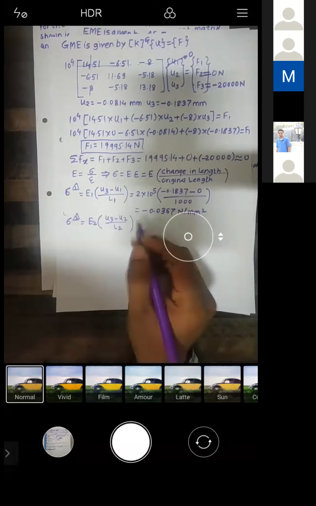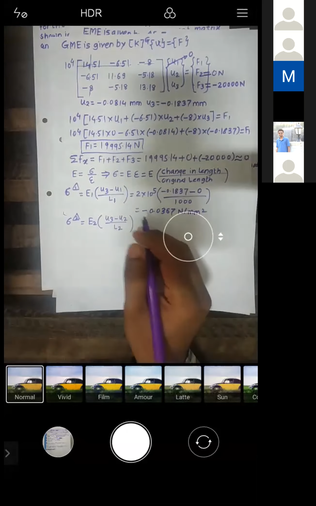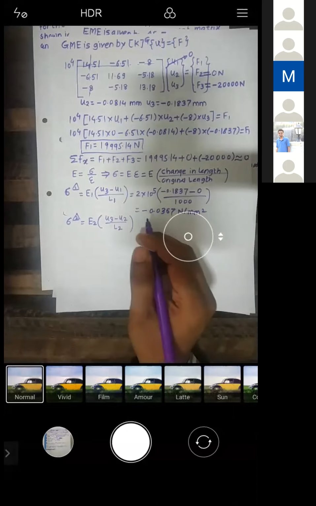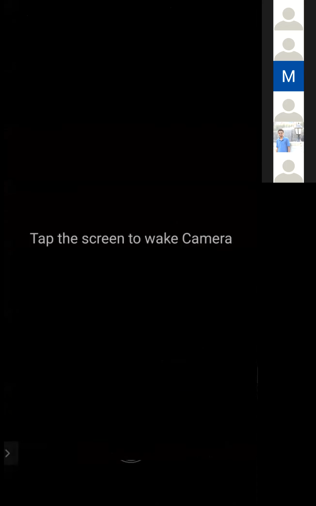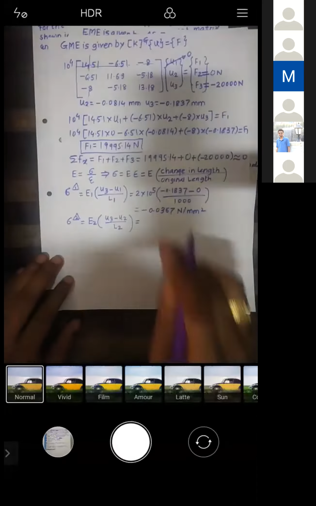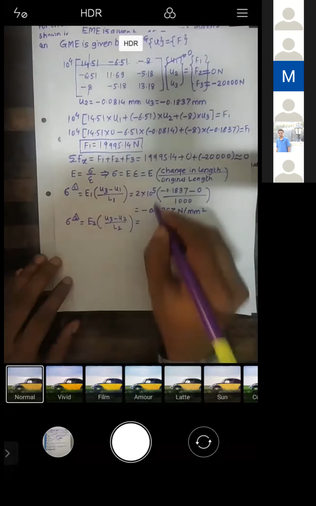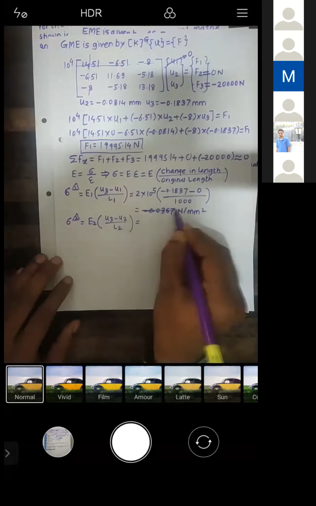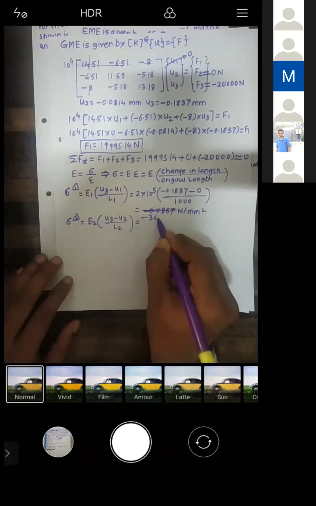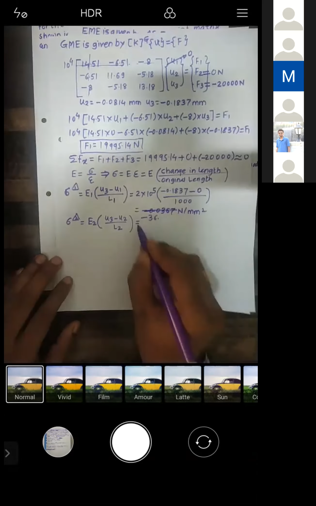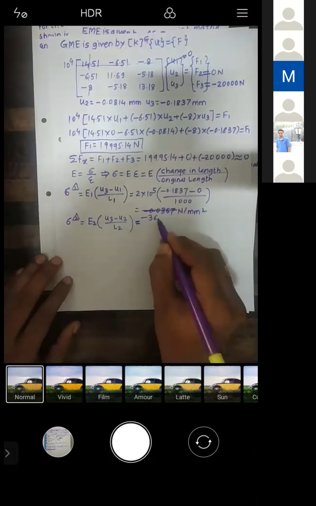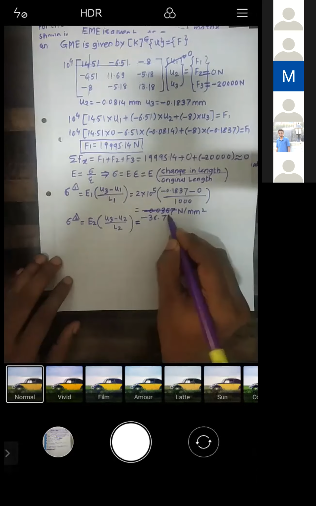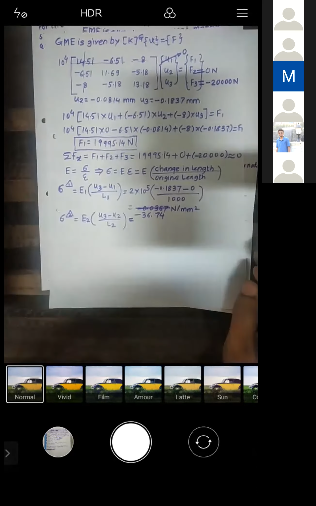Sir, in stress 1 there is a decimal shift. You are getting minus 36.74. Yes, I will rub this value. It is minus 36.74. Is it okay? Yes, sir.